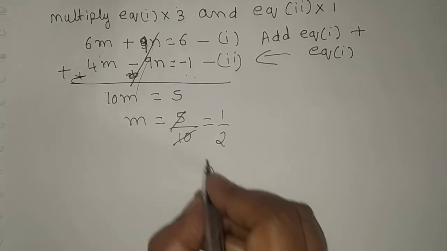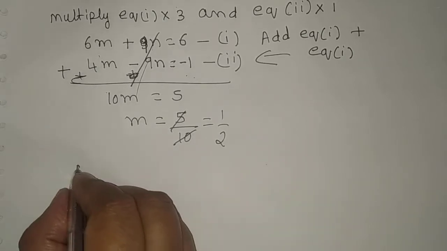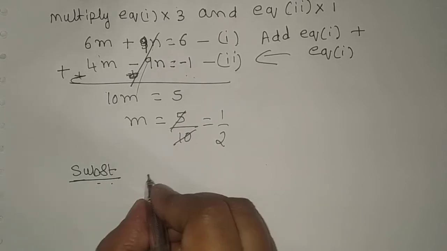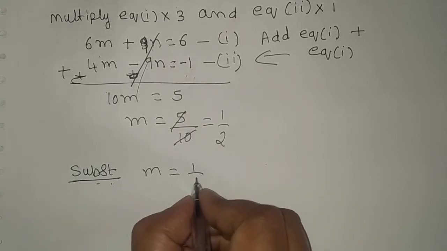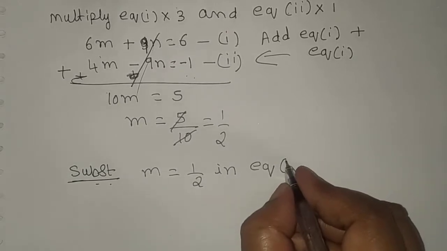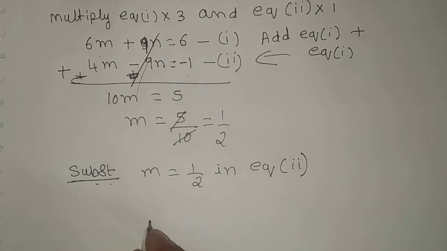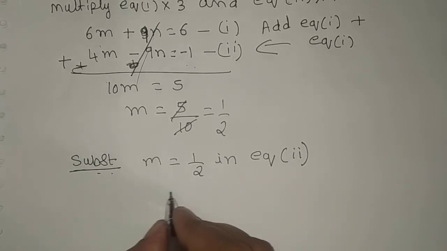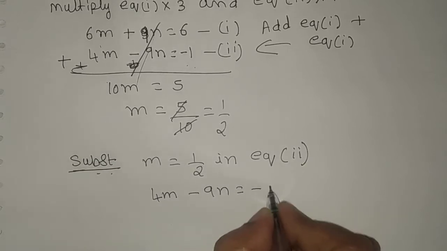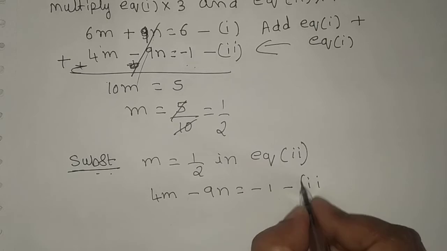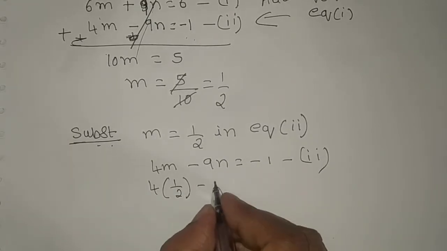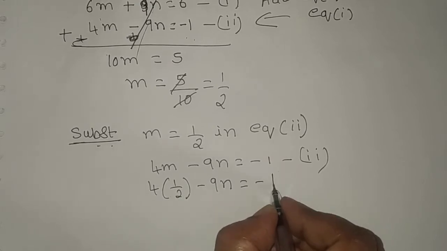So the next step is, after this, we substitute m is equal to 1 by 2 in equation 2. So what is equation 2? Equation 2 is 4m minus 9n is equal to minus 1. Now substituting m, 4 times 1 by 2, minus 9n is equal to minus 1.